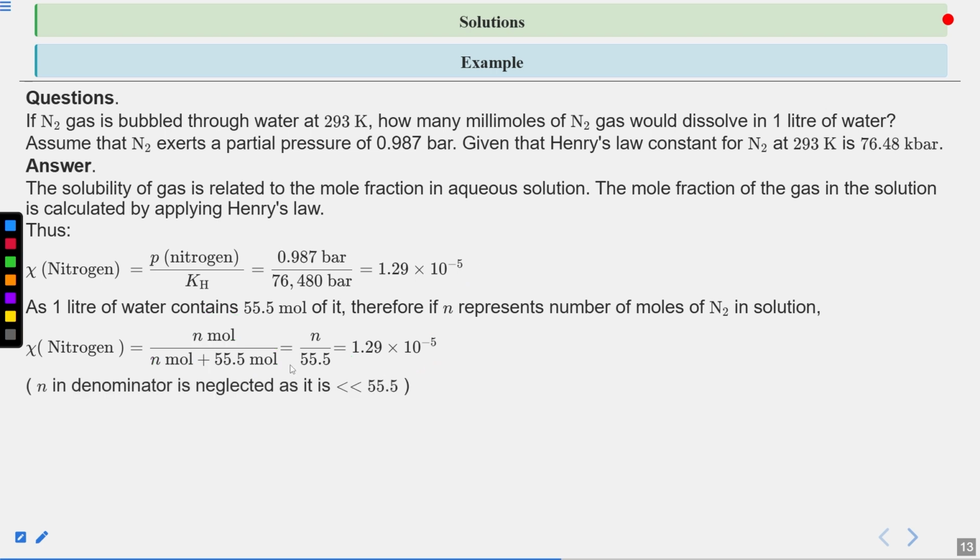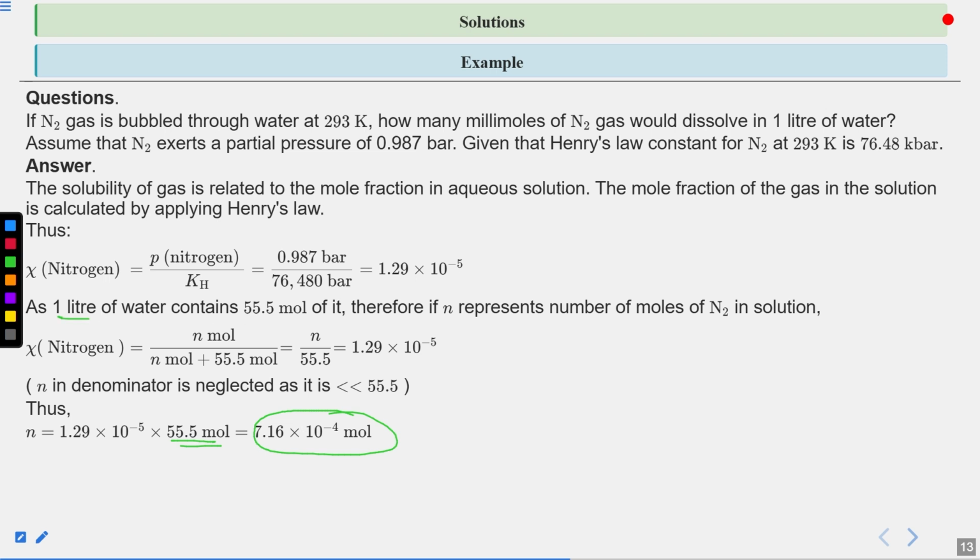Then, since the solubility of nitrogen is very less, we can neglect its moles in comparison to 55.5. Thus, we can write n is equal to 1.29 into 10 to the power minus 5 into 55.5. That will give you 7.64 into 10 to the power minus 5 moles. So this is your number of moles.